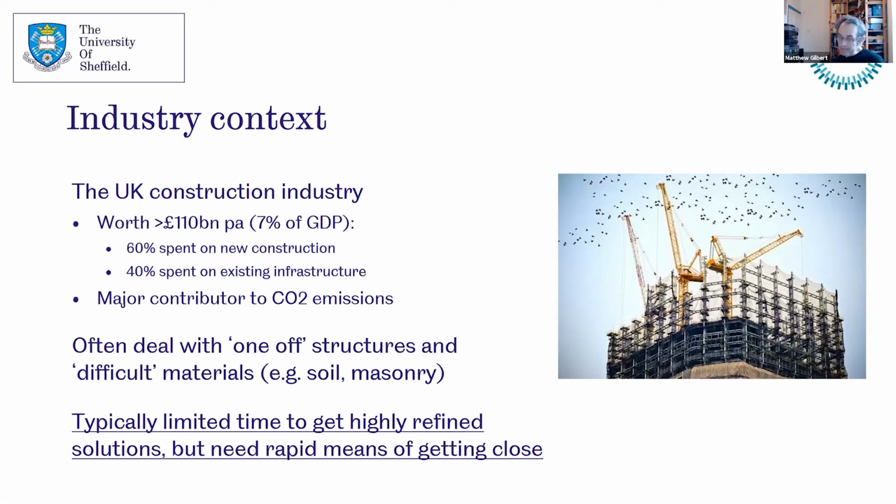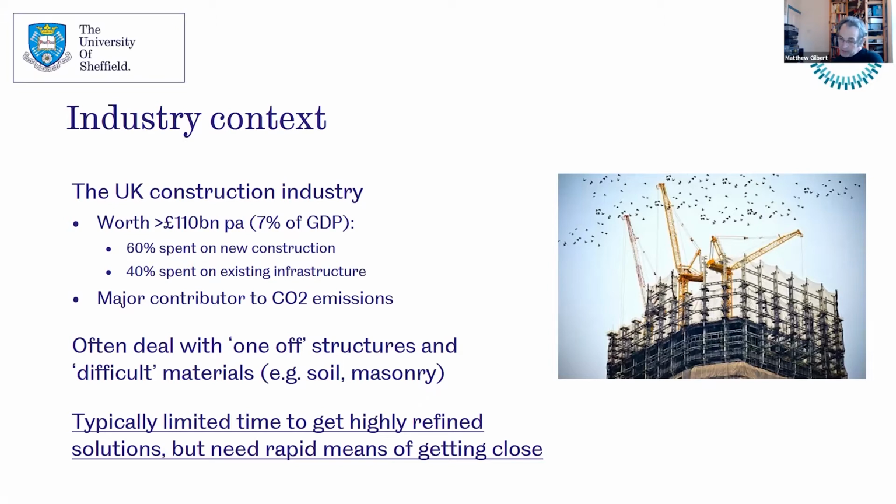The construction industry has been plagued with low productivity for many years. Or certainly the increases in productivity have been much lower than in other industrial sectors, and there are some particular reasons for that. One observation is that we're very often dealing with one-off constructions. So unlike a product in, for example, the mechanical engineering sector, we're not able to refine a design and then produce thousands or millions of those.